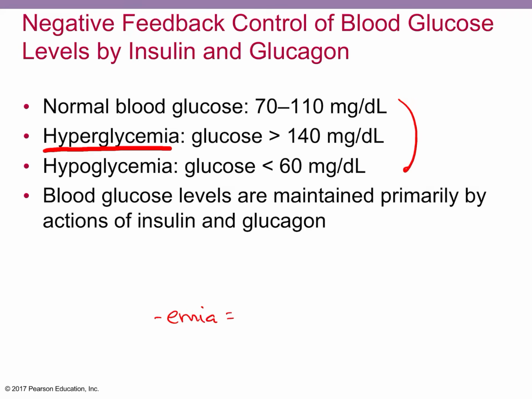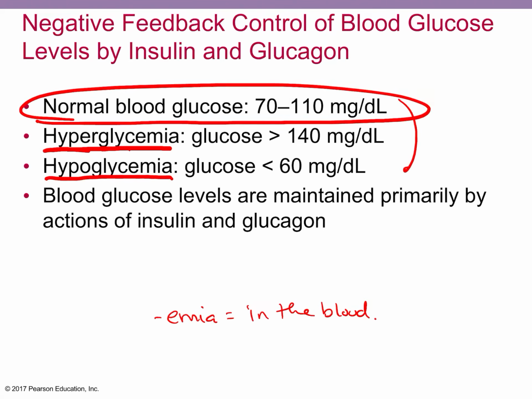Emia means in the blood. Hyper means above, gly is for glucose. Hypoglycemia is you have low blood sugar, right? And blood sugar is maintained in this normal range by this yin-yang pull of minute-to-minute relationship between insulin and glucagon.